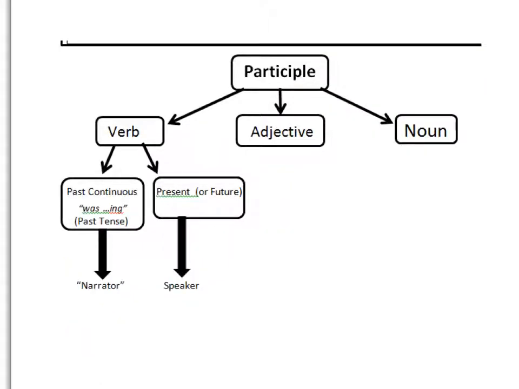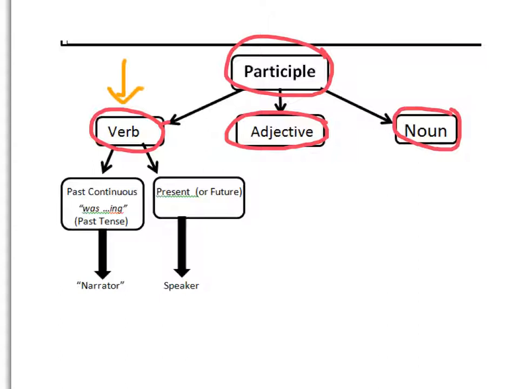So now we can understand this part of the visual model of participles. We mentioned already that participles participate in verbs, nouns, and adjectives. And we've spoken about verbs in particular. We said that when there's a speaker, it's going to be present or future tense.